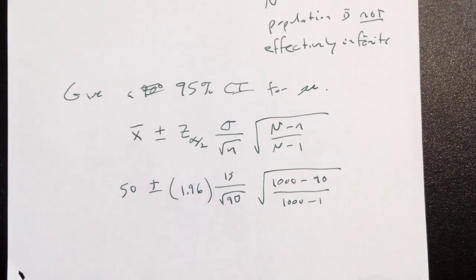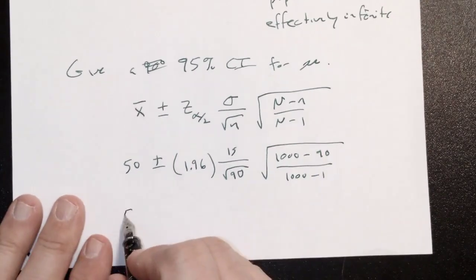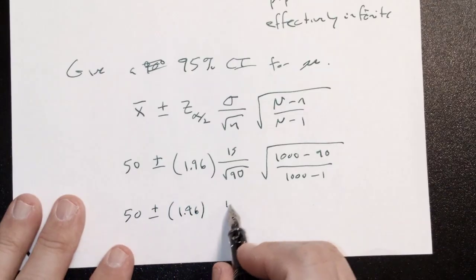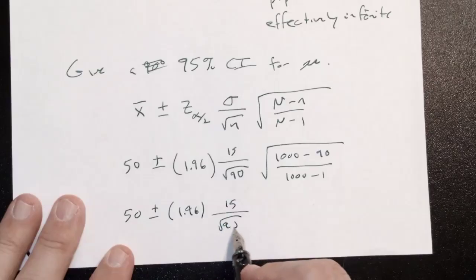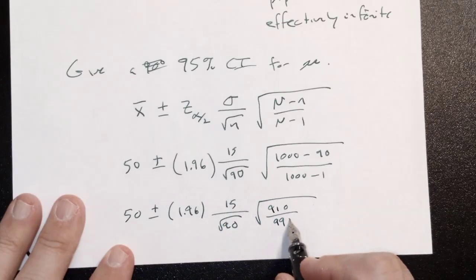Because we're doing a 95% confidence interval, we use that Z of alpha over 2, and that is 1.96. That's even the one that's circled. 0.4750 is circled in our table. Okay, this is just an extra decimal to multiply in. 50 plus or minus 1.96 times 15 over root 90, then the square root of 910 over 999.